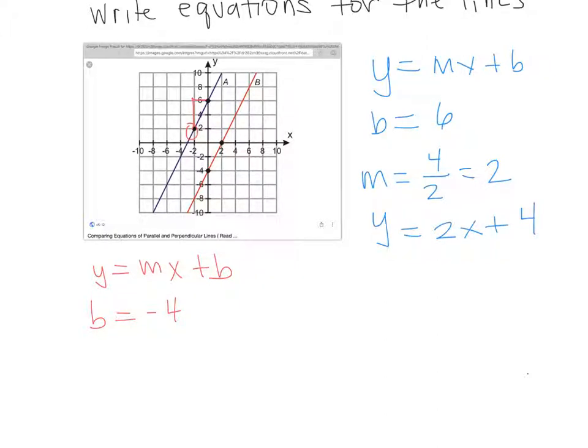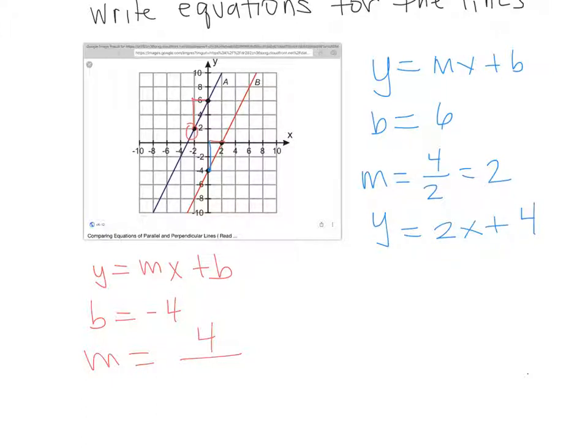To find the slope, let's start at that y-intercept of negative 4, that point, and let's figure out how many we need to go up to get to the next point. Well, we need to go up 4. We're going from negative 4 to 0. So the change in y is up 4, positive 4, and then we go to the right 2.